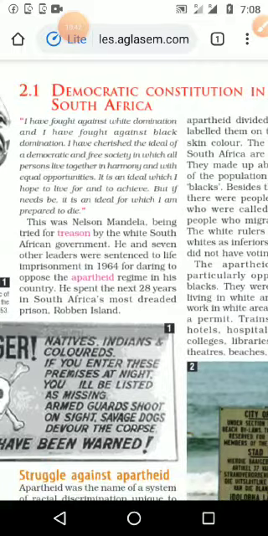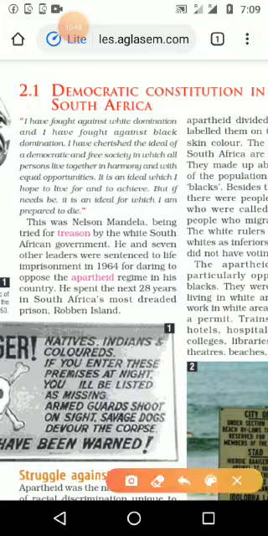It is an ideal which I hope to live for and to achieve. This is an ideal. He knows it is not easy to make this happen. It is an aim. It is what I am living for as Nelson Mandela, what I am standing for, and what I am trying to achieve.